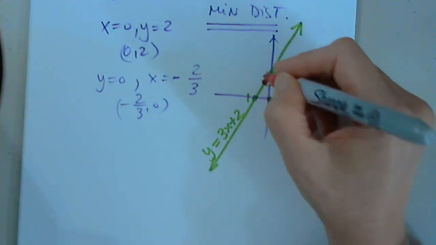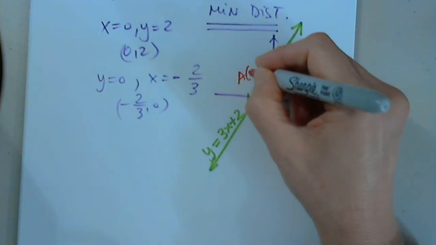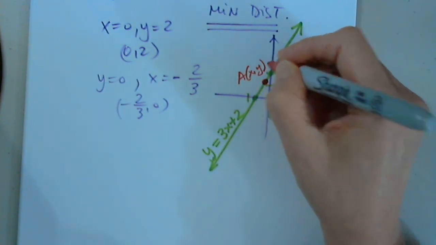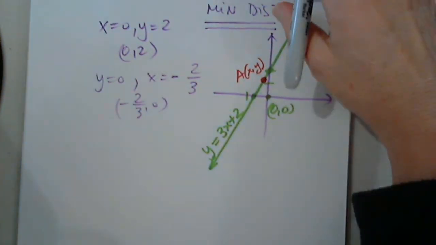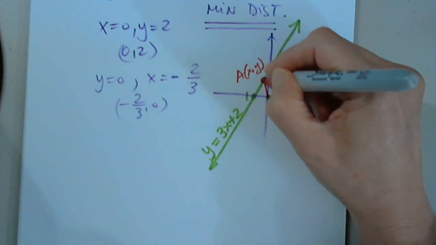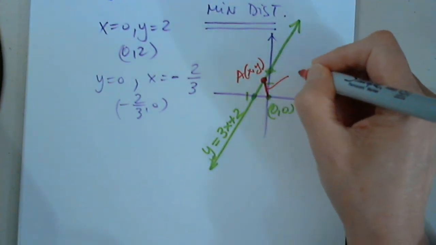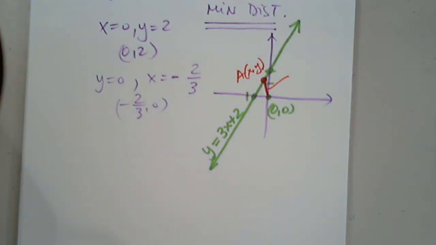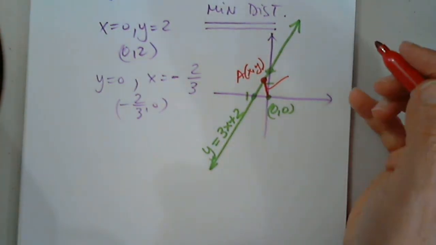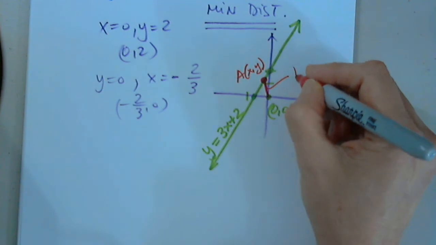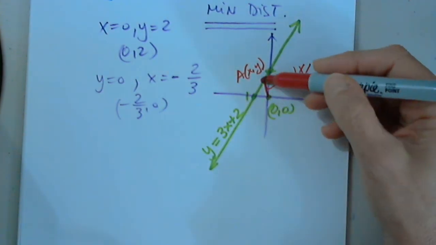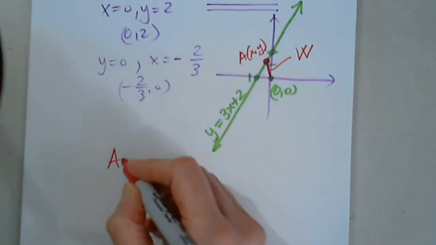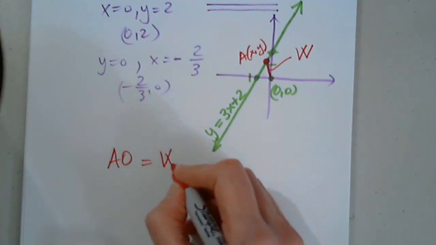So this is point A of x comma y, and this is the distance in question. I'm not going to call it D because it's dd and we get confused. I'm going to call it W. So the distance AO is W.